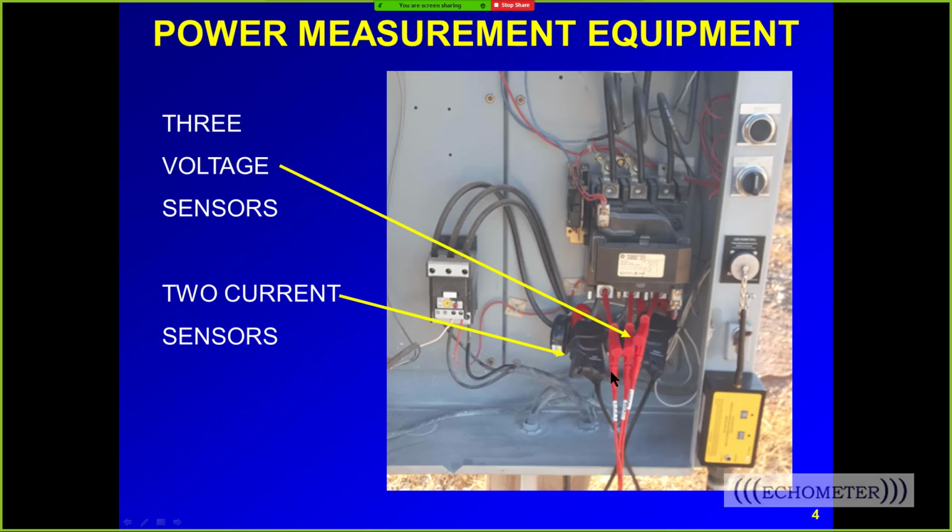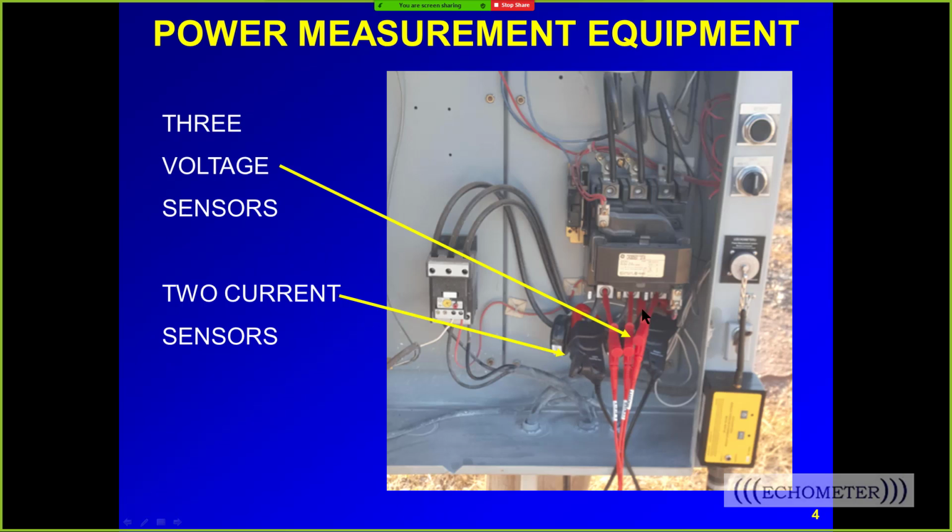And here we have it inside the panel. You can see that we have the radio attached to the metal panel with a magnet. And there are the left, center, and right adapters connected. And here are the current sensors attached. It says left side, and it says right side, and it says this side up.